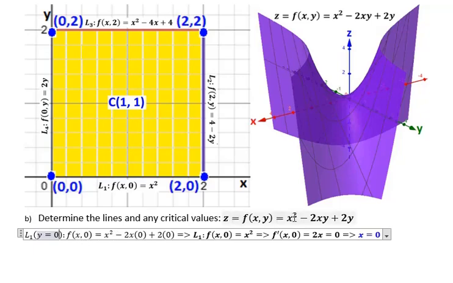So that is x squared minus 2x times 0 plus 2 times 0, which is just x squared. The derivative of x squared is 2x. When you set that equal to 0, x is 0. That means the critical value of this line is at 0, 0, which happens to be the corner 0, 0.